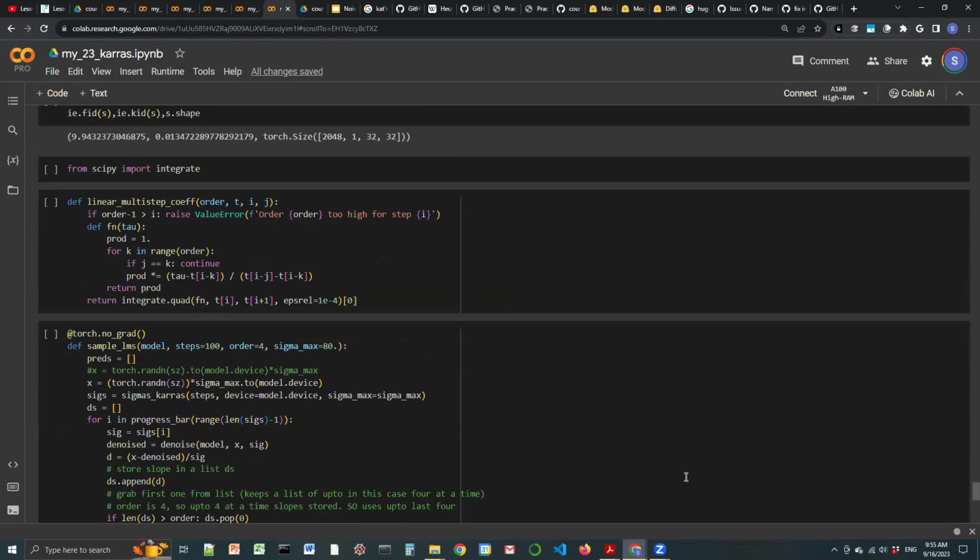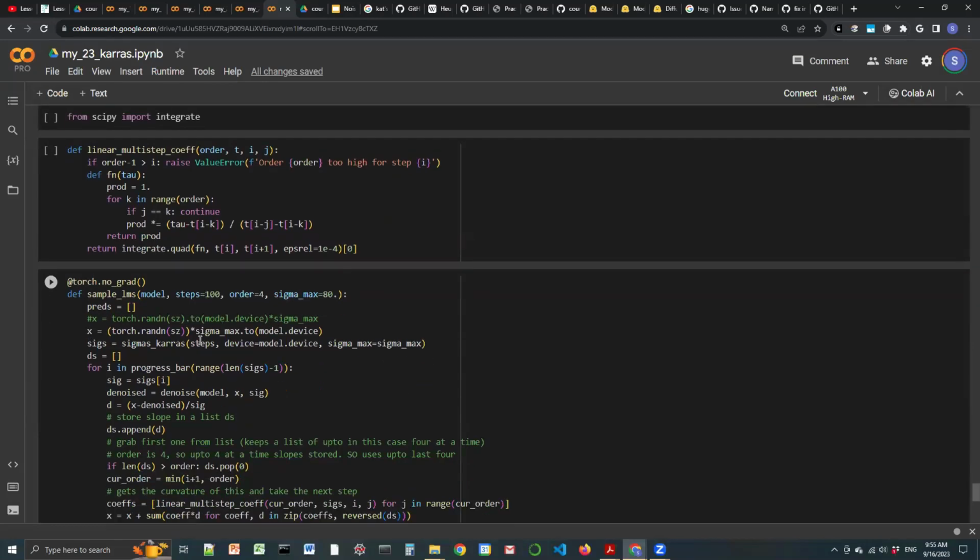With this, he multiplies sigma max. After he moves the value, the size is just 2048, 132, 32. So he's just using that many random values, multiplied by sigma max. I was thinking, if I just run this without my change, it didn't matter.